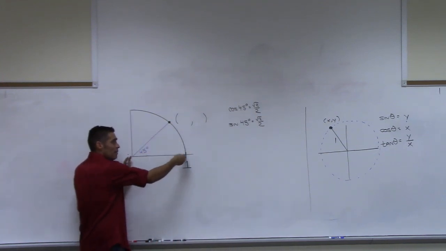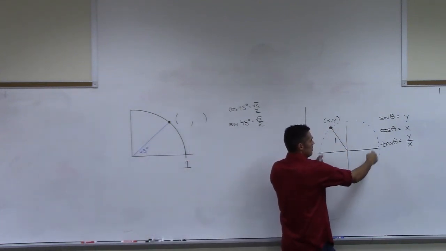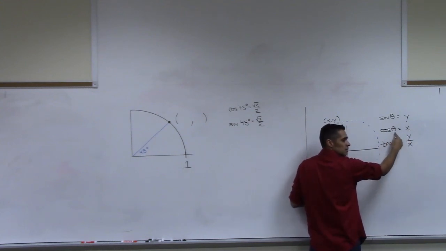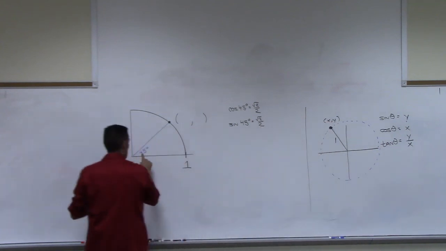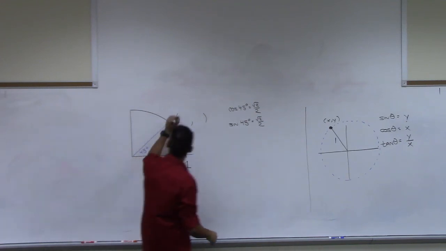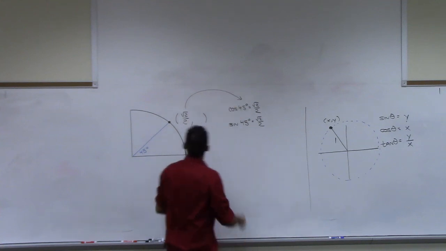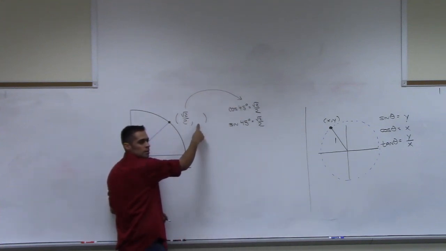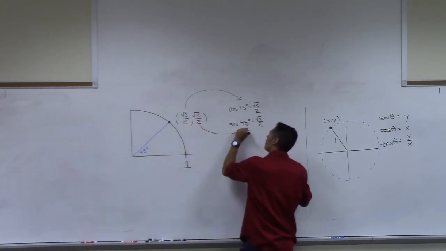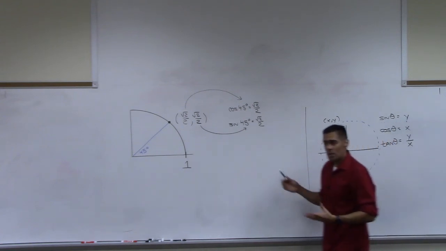So very important. I'm on a unit circle, right? And since I'm on a unit circle, the x coordinate is what? Cosine of the angle. So the x coordinate should be cosine of 45. And what is cosine of 45? Root 2 over 2. What is the y coordinate? It's sine of 45, which is root 2 over 2. You see how that works? Now you have to memorize that.